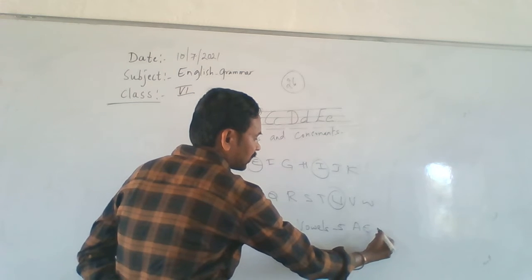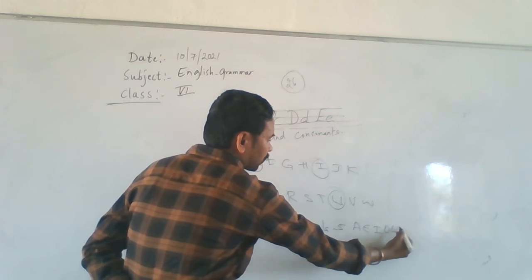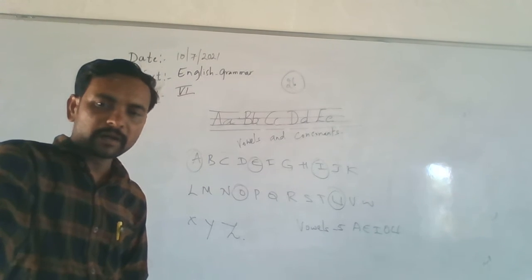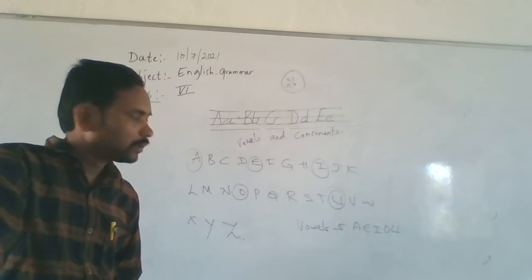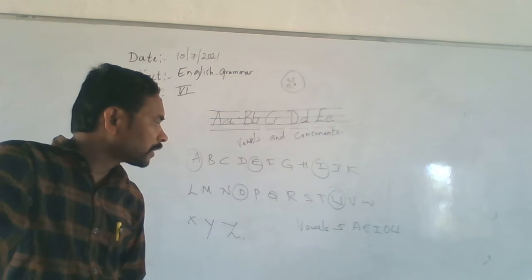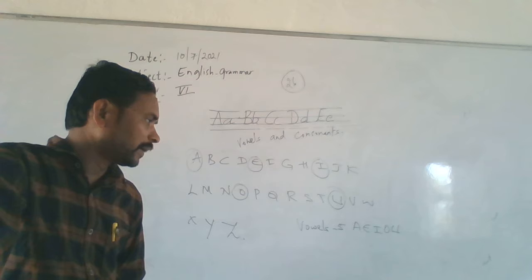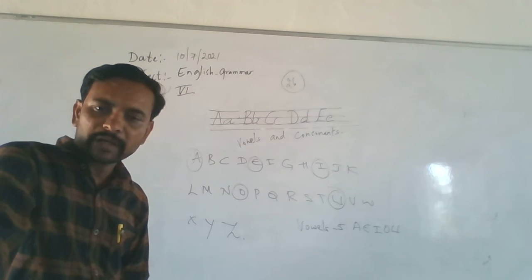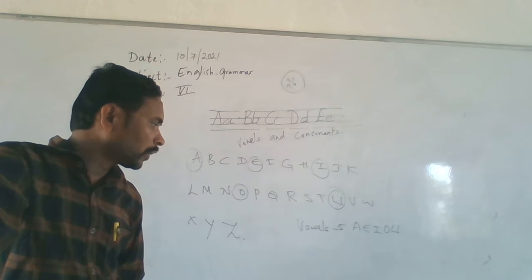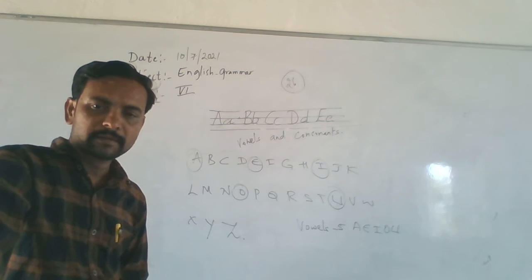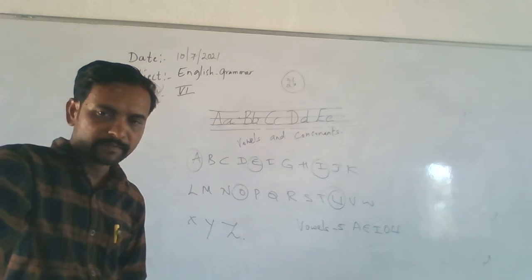A, E, I, O, U. Those are vowels. So in 26 less 5, how many letters remain? 21 letters. So 21 letters we consider as consonants.